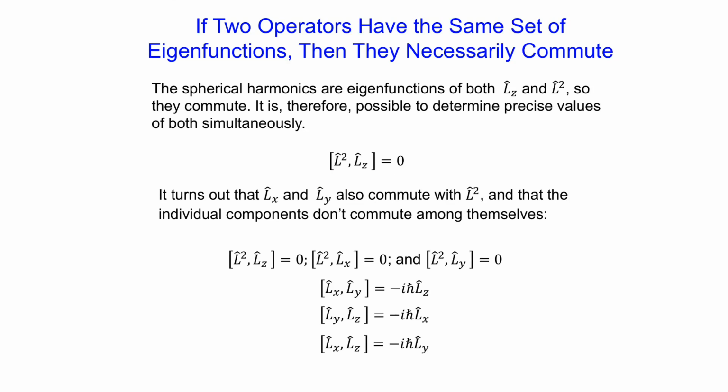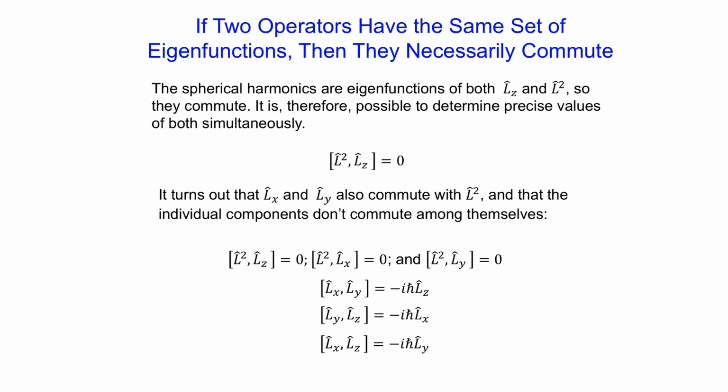That's our commutator. If you calculate the commutator for L squared and Lz, you should find that they commute. It turns out that Lx and Ly, the other components of the angular momentum, also commute with the total angular momentum squared operator. So you would have a similar situation for those. These are all your commutator relationships here.